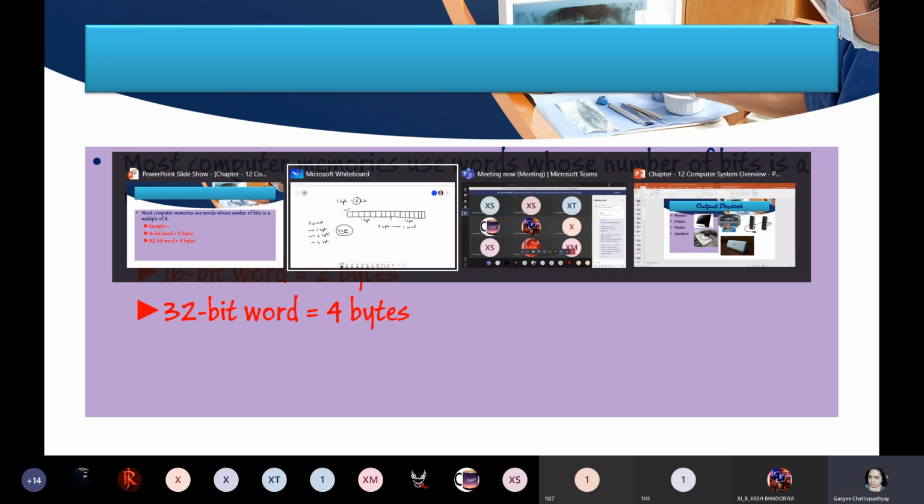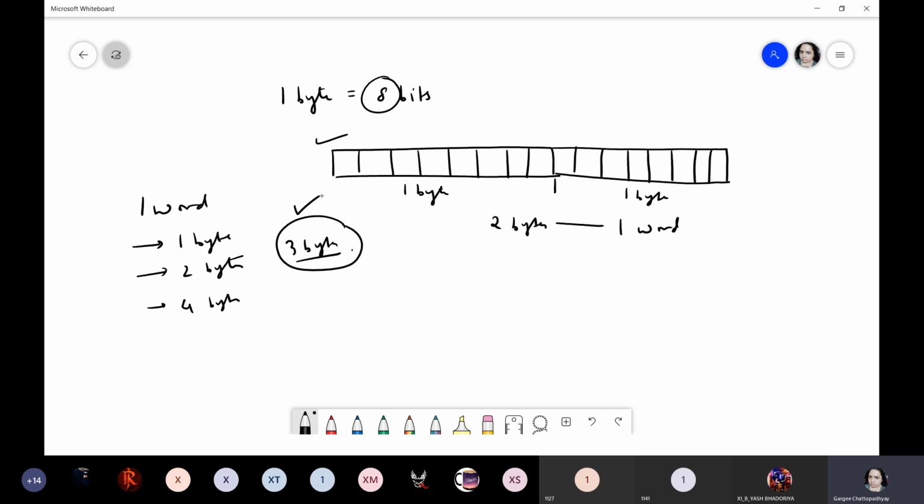Now the thing is, why is 3 bytes mostly not used? Because we also want the number of bits to be a power of 2, that is, 2 raised to the power a. So 1 byte, that is 8 bits, is already 2 cube. 2 bytes, that means 16 bits, is 2 raised to the power 4. But when I consider 3 bytes, 3 8s are 24. 24 is not a power of 2, so we cannot consider 3 bytes.